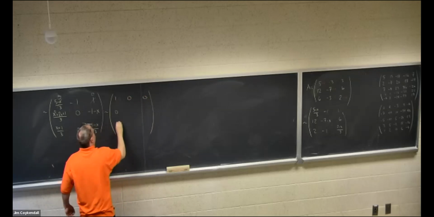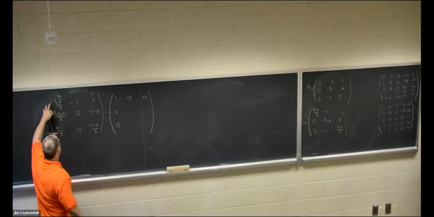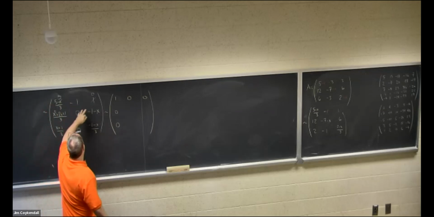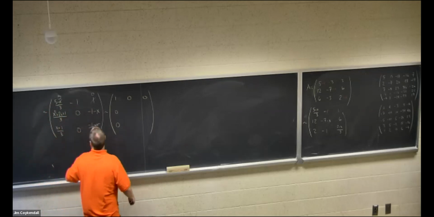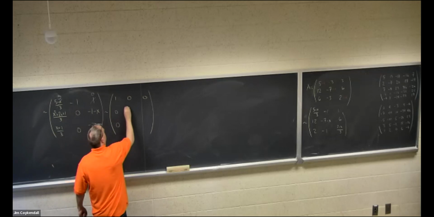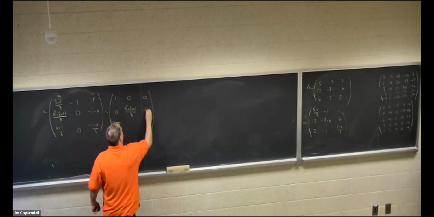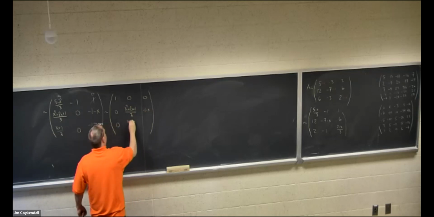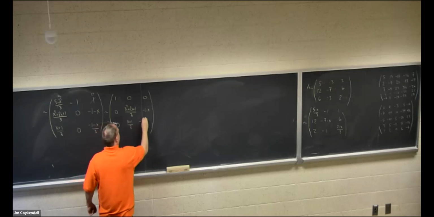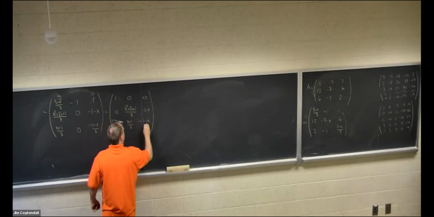Basically, I'm moving this row over here and changing the sign. I've got zeros around the top. In the middle, I've got X squared plus 2X plus 1 over 3, -1 minus X, X plus 1 over 3, and -1 minus X over 3.